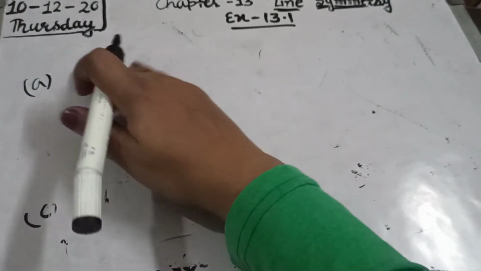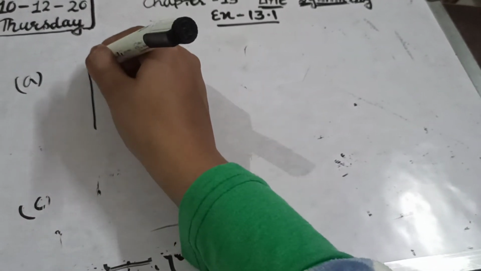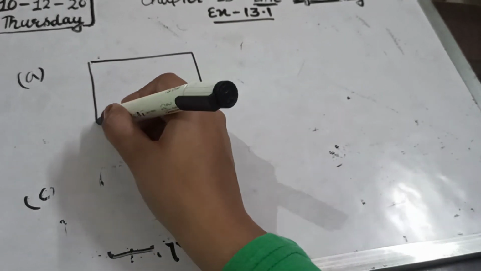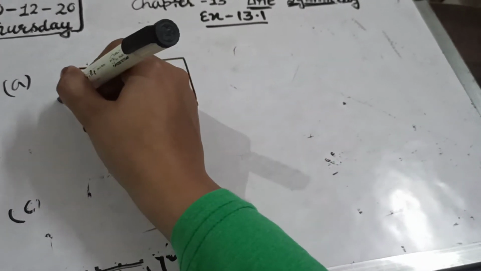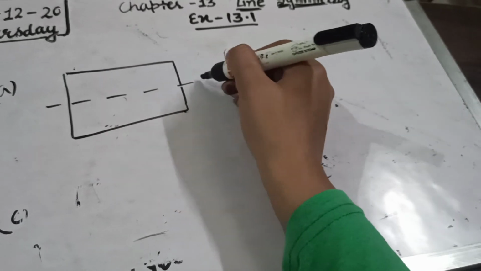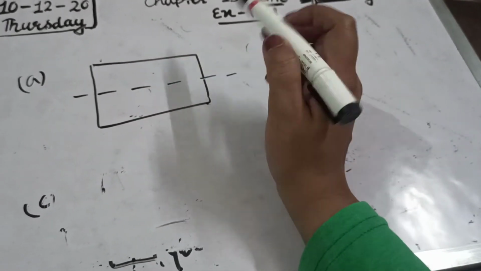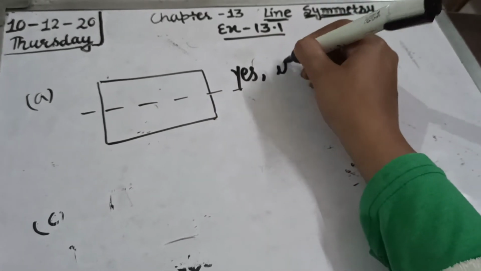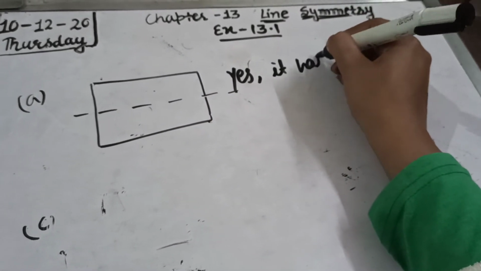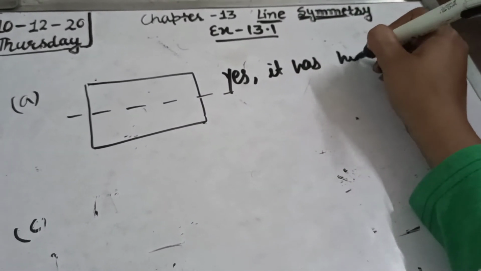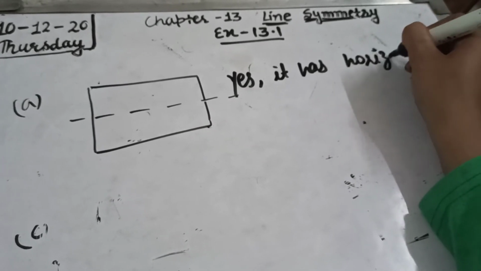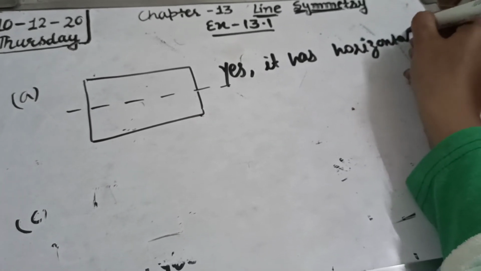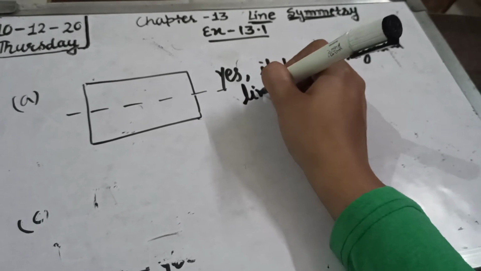First one is a square, like this. Horizontal line of symmetry means we have to check like this. Look, the upper part and lower part are both the same, so it means yes, it has horizontal line of symmetry.